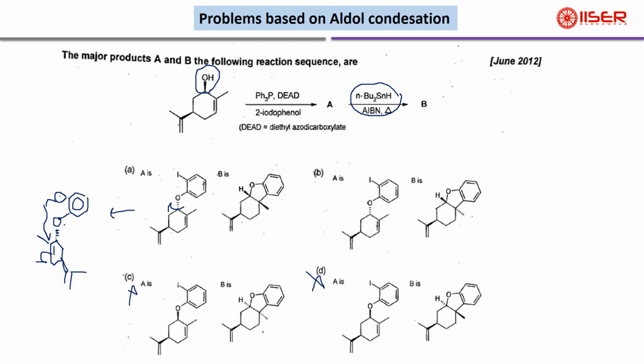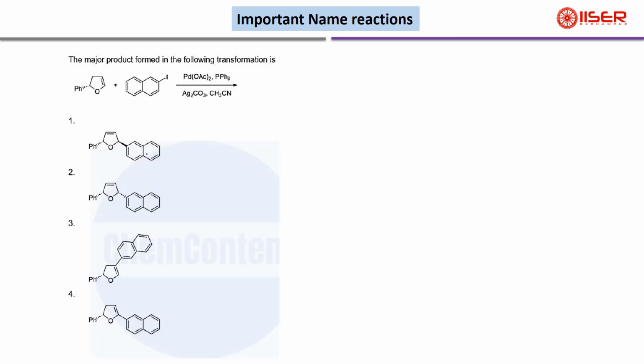Now if you have tied a stone or rock to that rope, it will approach from below the plane. So obviously this radical will approach from below the plane, keeping this methyl above. So the correct option is option A. Okay, let's go to the next one.